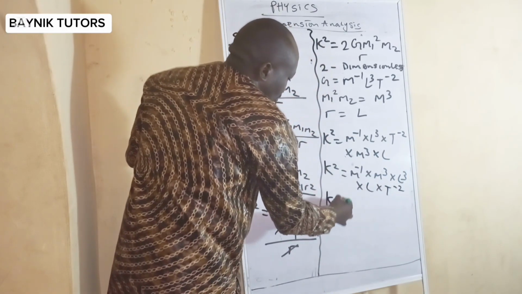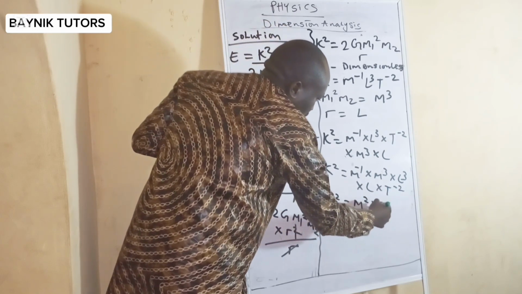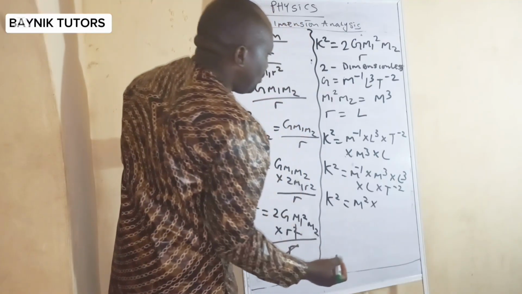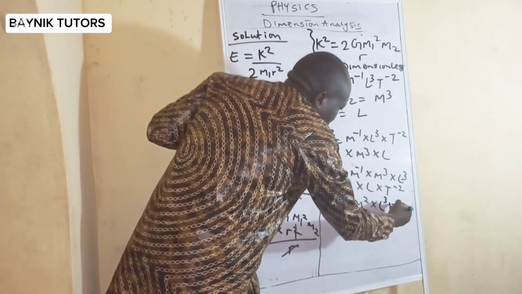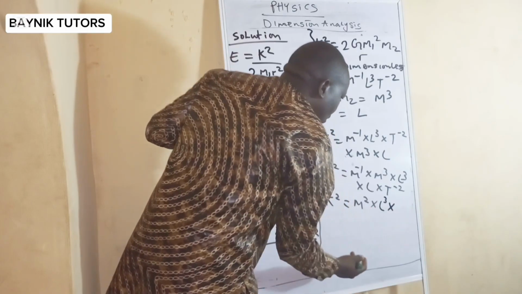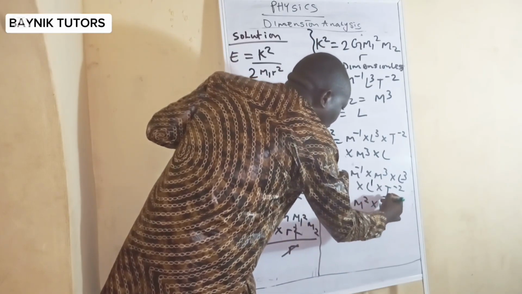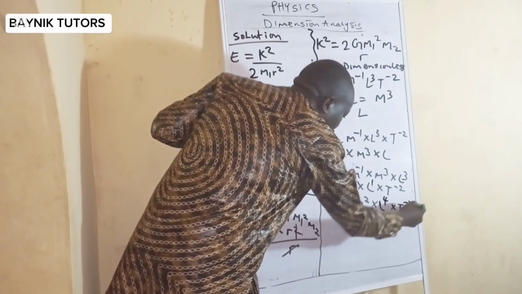So my K square is just M raised to power 3 times, maybe not, M raised to power 4. We added that with T raised to power minus 2.